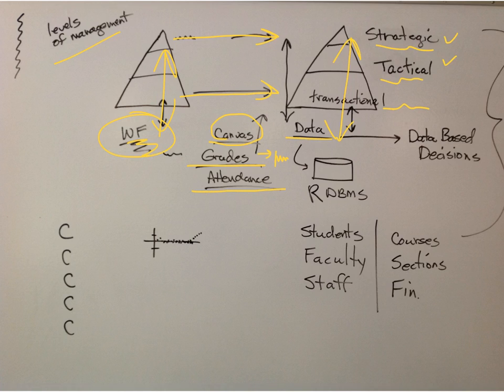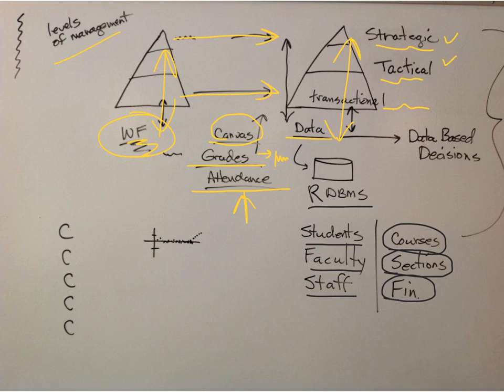We also keep attendance. This has a lot to do with financial aid. So we keep track of students, faculty, staff. Just as an example, we keep track of courses, what sections are being taught, keep track of financial aid, and this is kept track in a relational database management system.